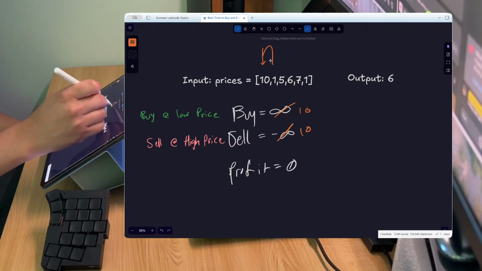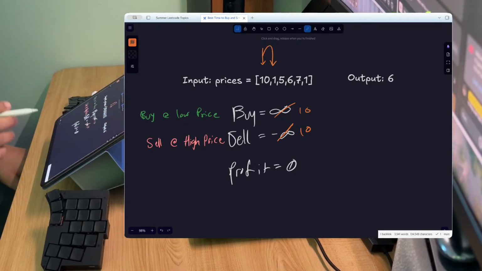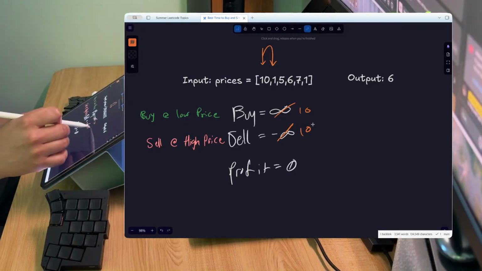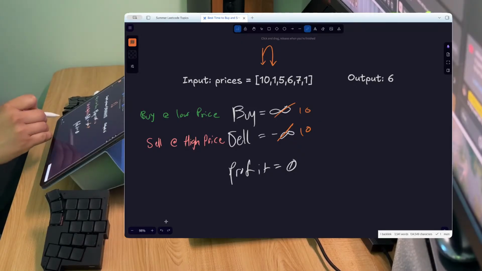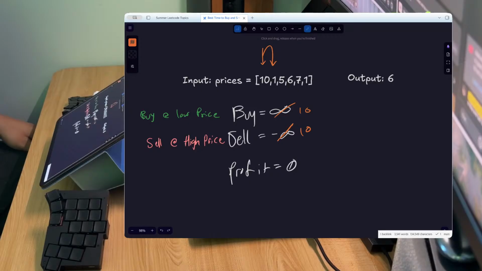Then what happens as we go down? As we go down, I think we have to reset. Wait, we have to check. I think we check the profit at that point.